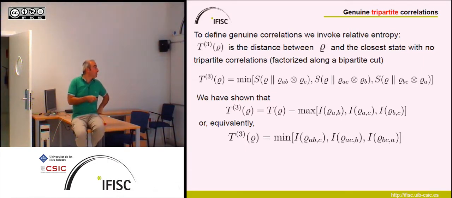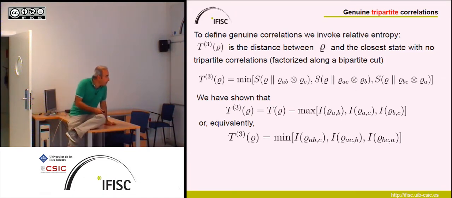We show that this T3 is just equal to the difference between the total correlation and the maximum between the 3 possible mutual information between AB, AC, or BC. Or, in other words, T3 is the minimum between the mutual information between 2 parts and the third one.